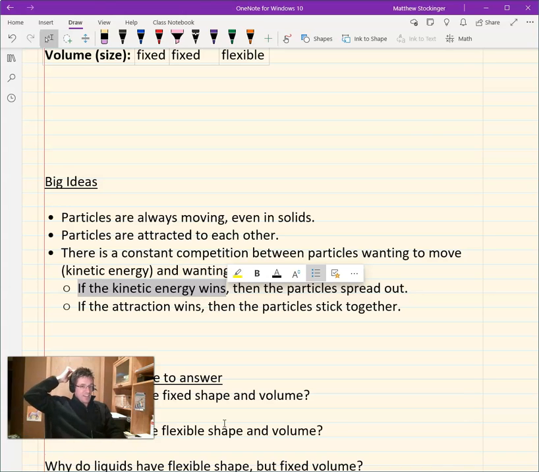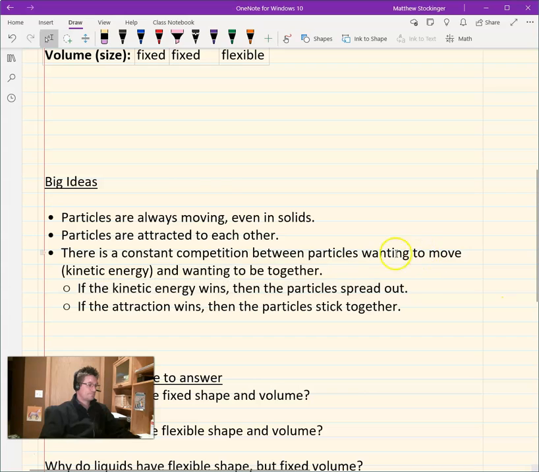All the particles are just going to stay in place and vibrate there because they don't have enough kinetic energy to break free of each other. And then in between, we've got states of matter like a liquid, where there's kind of a balance between the kinetic energy and those attractions so that they're still staying close together, but now they can move around inside of the sample of liquid.